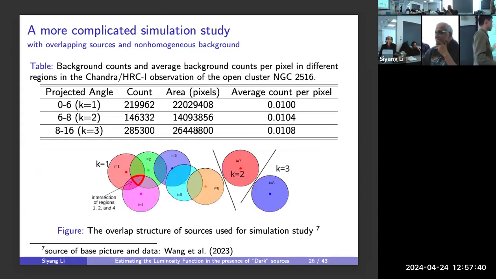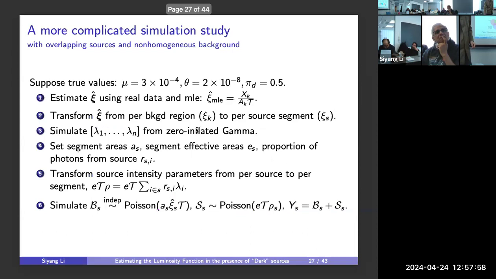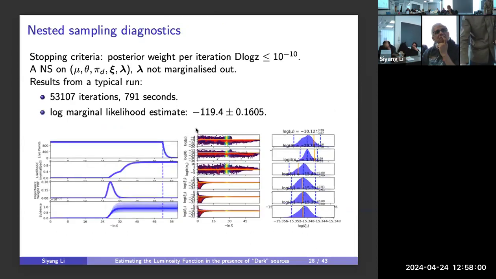We simulate the data using a very simple geometric structure, where we assume that the first cluster of the source regions belongs to the first background region, the second one belongs to the second, and the third one belongs to the third. And this is the convergence.